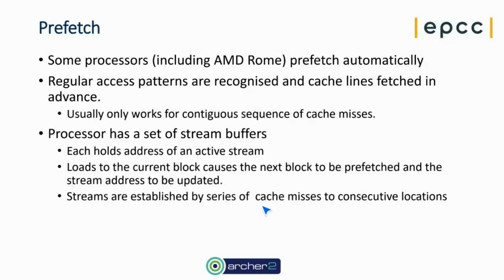So basically, the processor has a set of stream buffers, each of which holds the address of an active stream. And in that case, is it possible to disable prefetching? No, but it's just not going to happen.